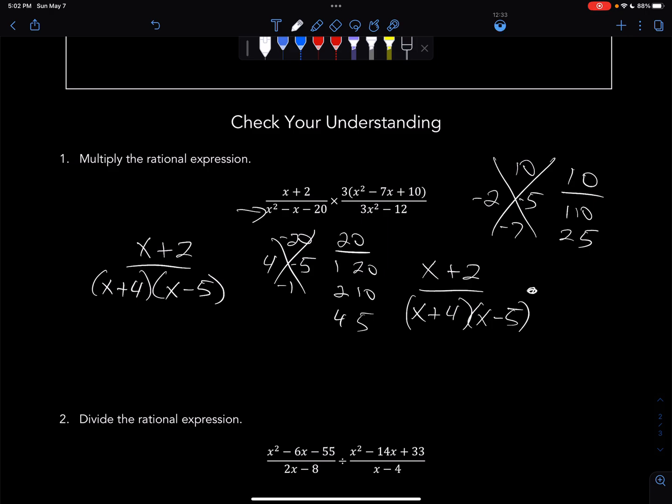Then we're going to multiply here. So we have the 3 on top, and then we have x minus 2 and x minus 5 over, when we look at this denominator right here, I'll just write it down here so we have some room to factor.